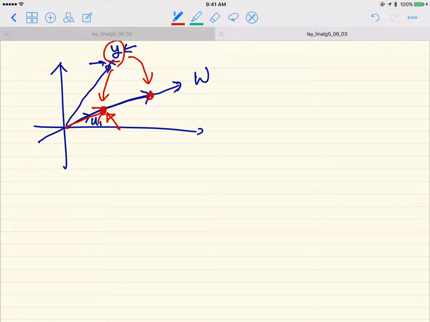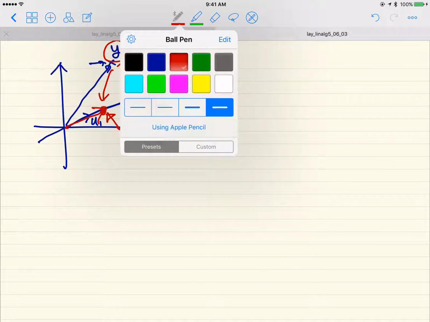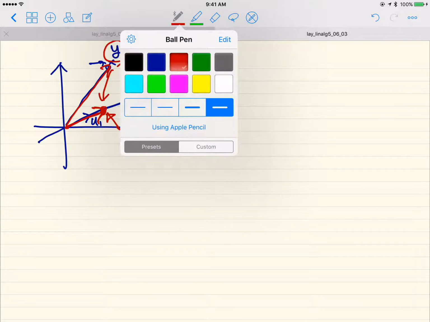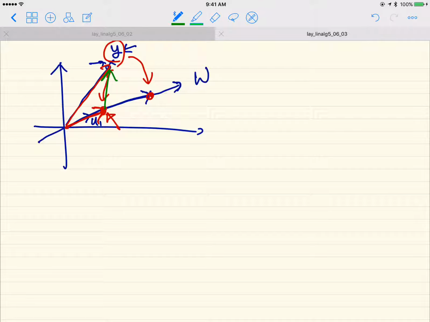So how can we define the best approximation? It can be thought of as follows. If we approximate this vector by using this vector, what is the remaining part, or the error part? The error part will be this vector.